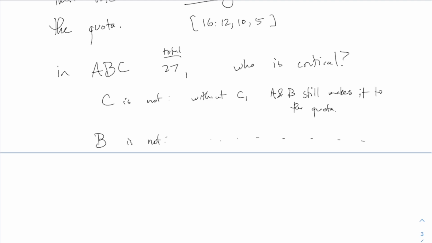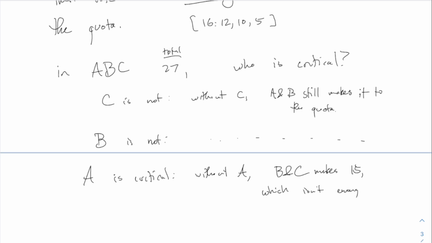What about A? I think A is critical. A is critical here. That's because without A, B and C makes only 15, which isn't enough. All right, so in that particular combination, only A is critical, and the other two are not.